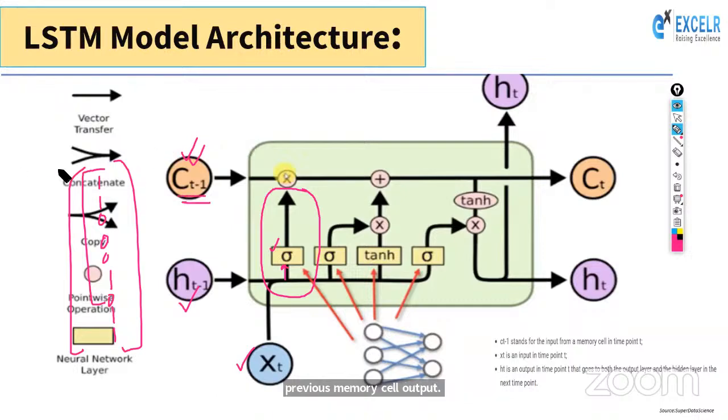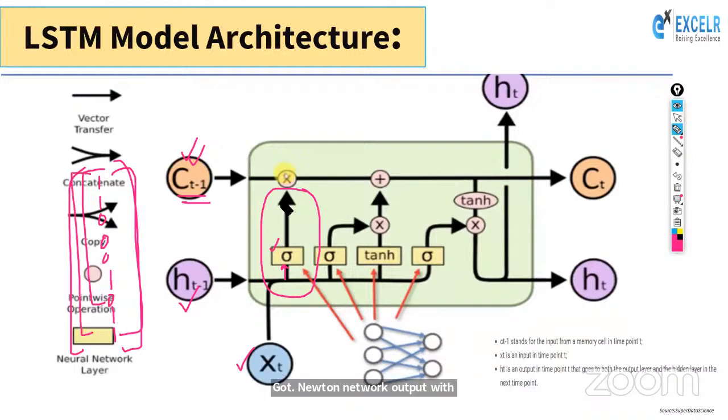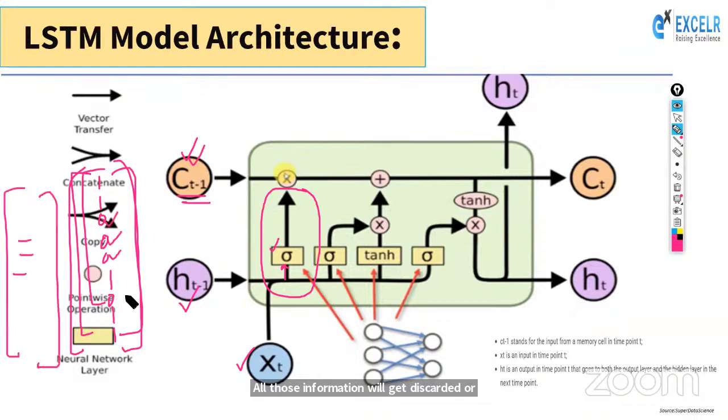So from the past nodes, whatever information is stored, that information is getting multiplied with this current neural network output with the sigmoid as an activation function. So when this information is being multiplied, where you have zeros, all that information will get discarded or deleted. And where we have ones, only this information will get processed for the next processing, right?